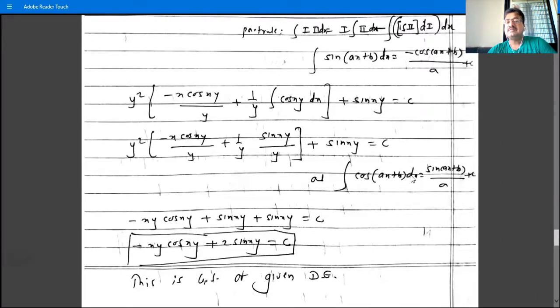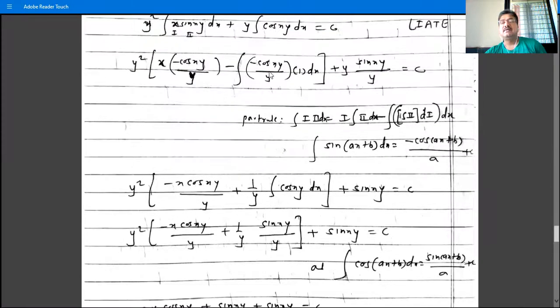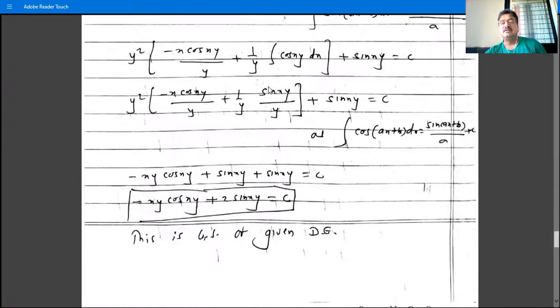Integration of cos(ax+b) is sin(ax+b) divided by a, and integration of sin(ax+b) is minus cos(ax+b) divided by a. That is the rule here. So cos(xy), that is cos(yx), and y is now a constant like a.